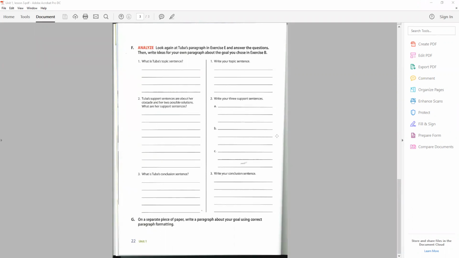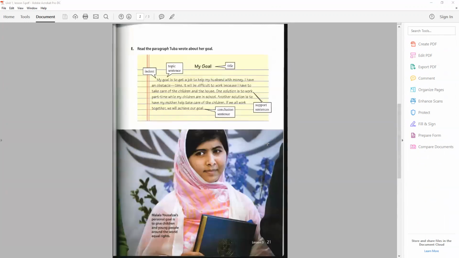So number 1 says, what is Tuba's topic sentence? If you look closely, you scroll back up to page 21.